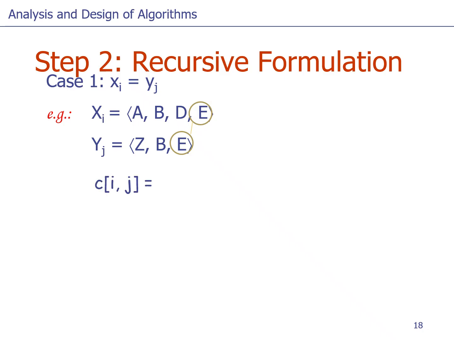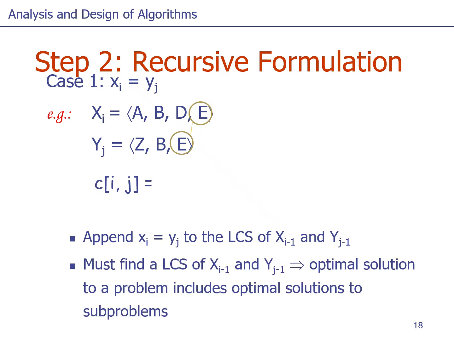Now, in this case, C of i comma j, the optimal solution, is going to be whatever I have found before plus 1. So what that means is I will append x sub I or y sub j to the LCS value. So if the current number of matching letters was 5, now it becomes 6.